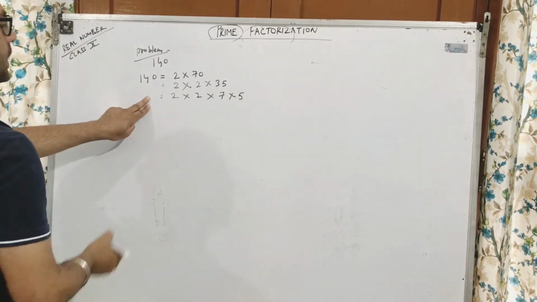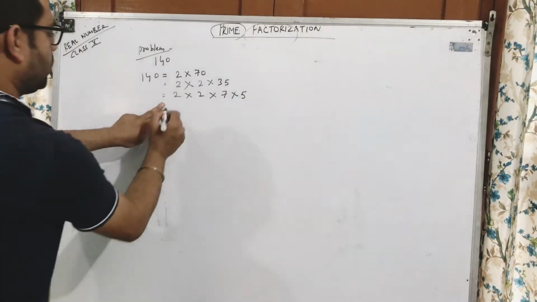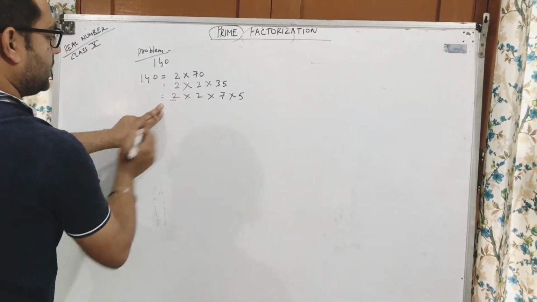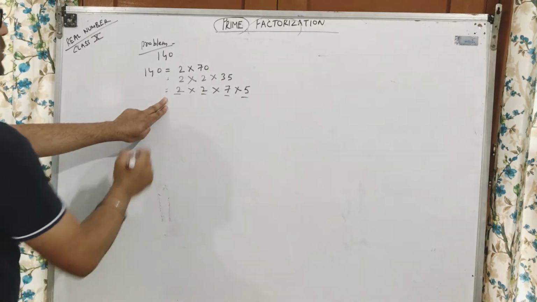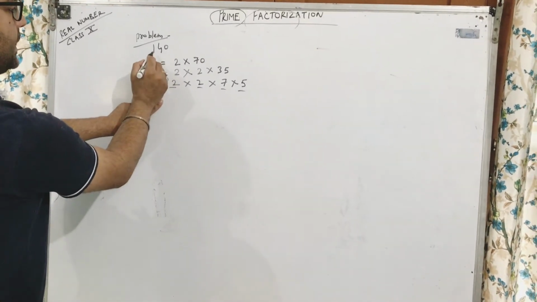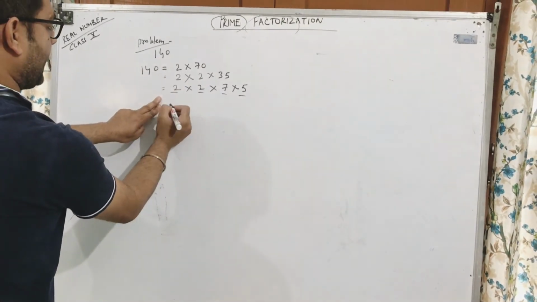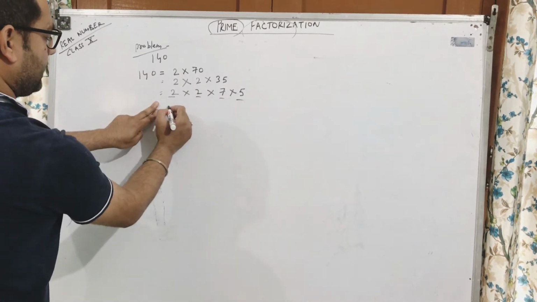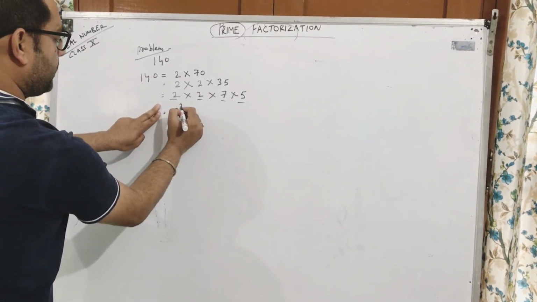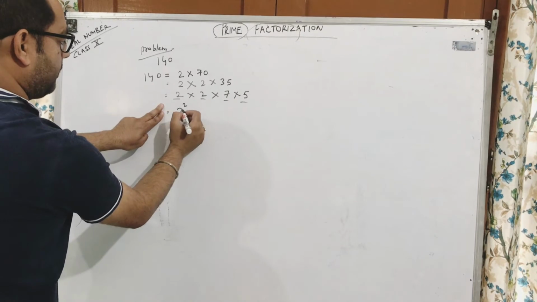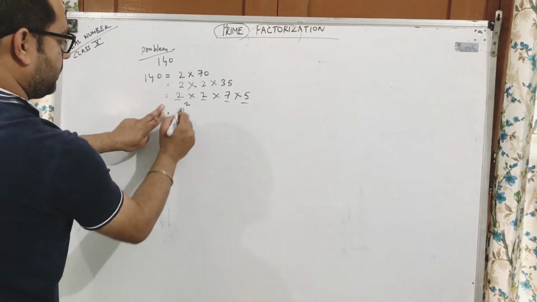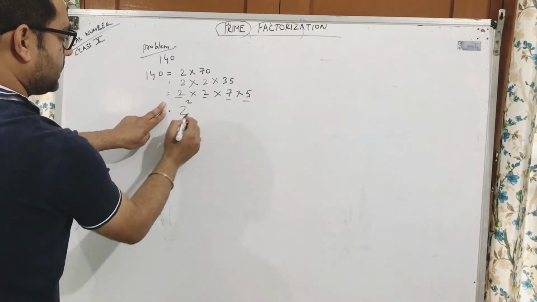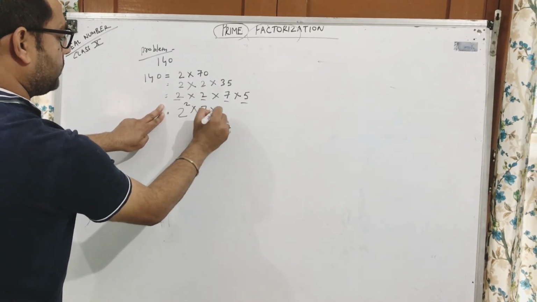Now we can see that 2 is a prime number, 2 is a prime number, 7 is a prime number, 5 is a prime number.